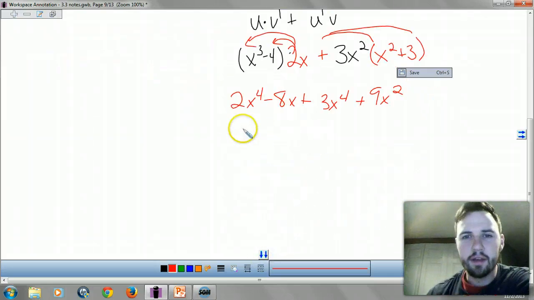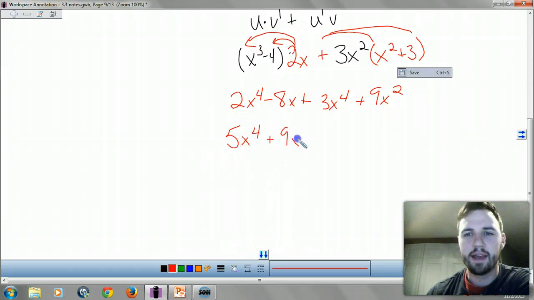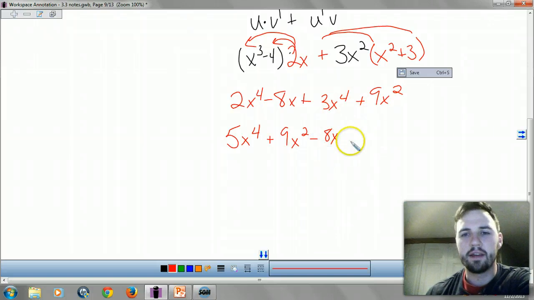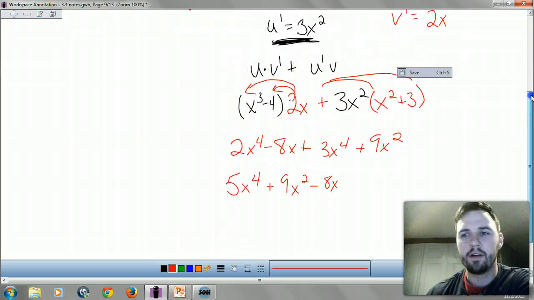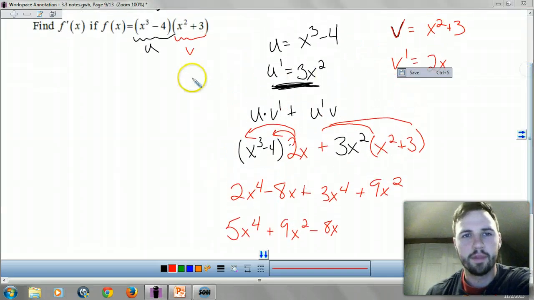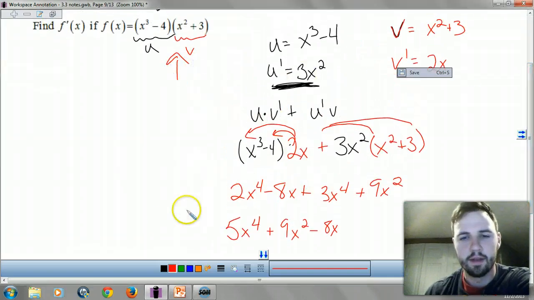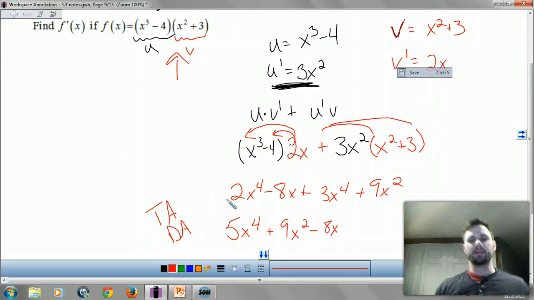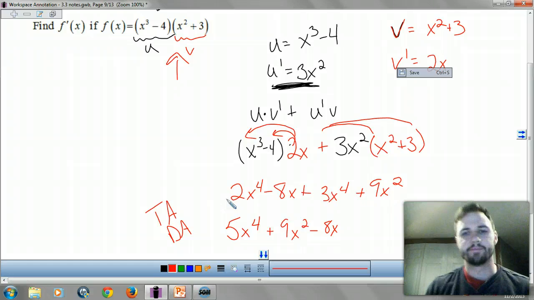So we combine our like terms and we end up with 5x to the fourth plus 9x squared minus 8x, and that is our derivative of our original function right here. Ta-da! Okay, that's one of our two rules.